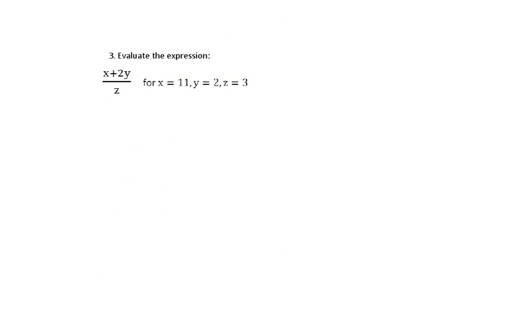Number 3 would like us to evaluate the expression. So let's replace x with 11, y with 2, z with 3. Let's just do the top first, and then when we're done, we'll deal with the bottom. So x is going to be 11 plus 2 times y, which is also 2.